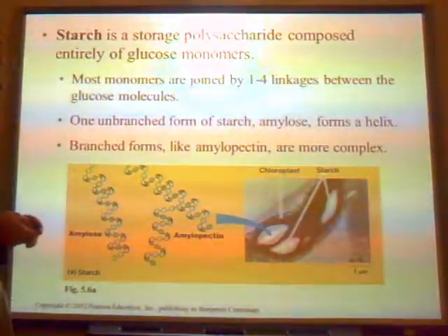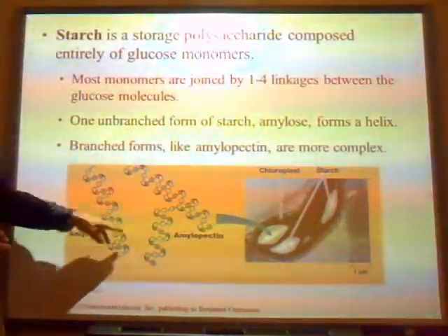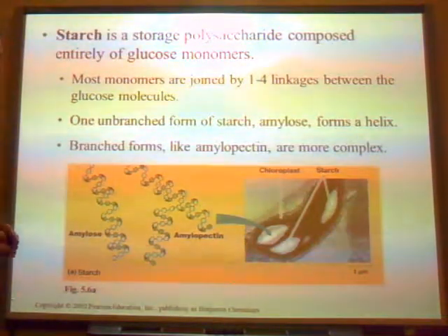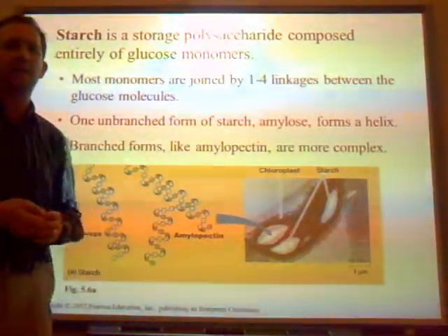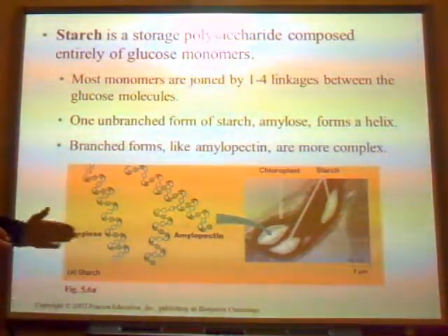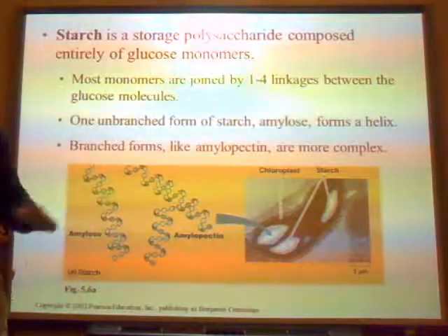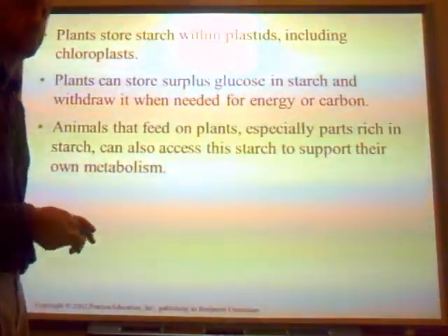Two varieties of this are what we call amylose and what we call amylopectin. And you can see in the diagram and also in your notes that these have different structures, therefore they have different functions. This one, amylopectin, is a little more complex than the amylose, but they are both types of starch. And again, these are all glucose molecules.